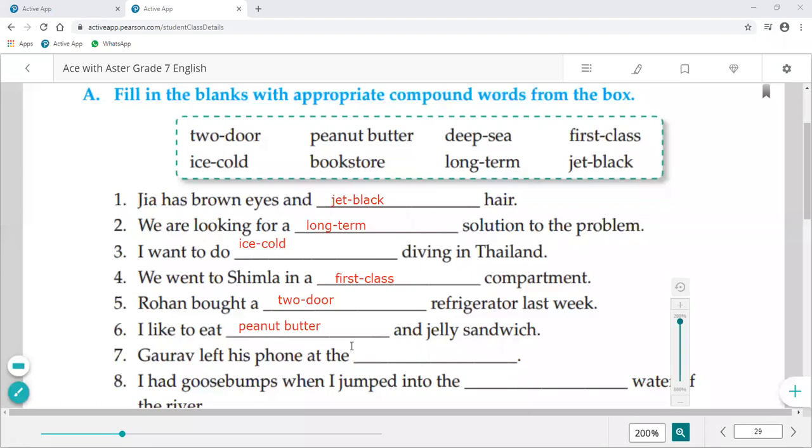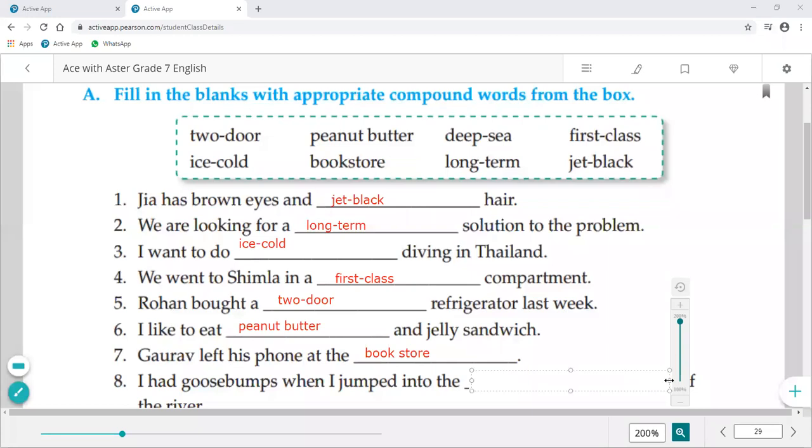There are two words which are separate parts, so we'll call them open compound words. Gaurav left his phone at the bookstore. Again, it is an open compound word.